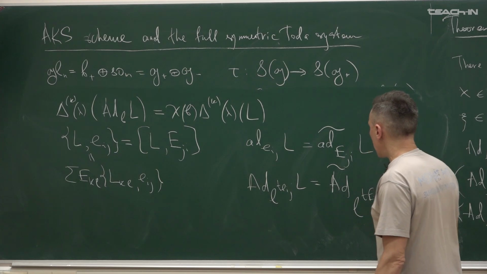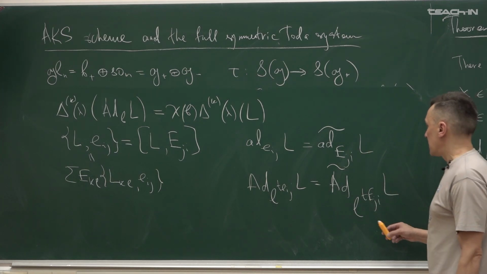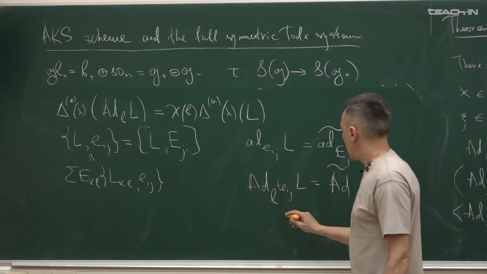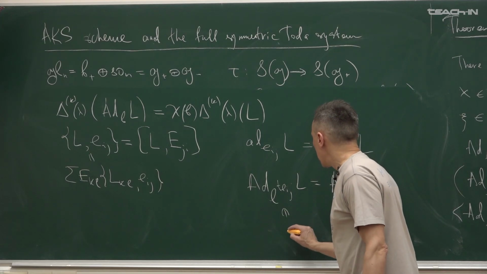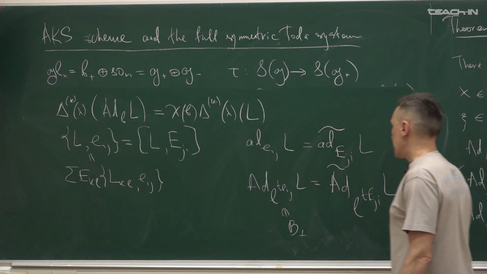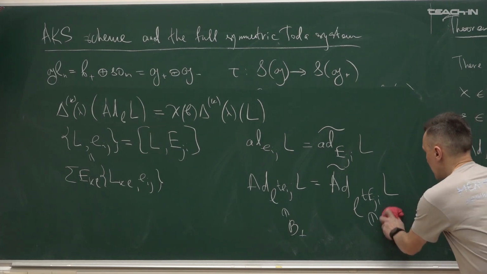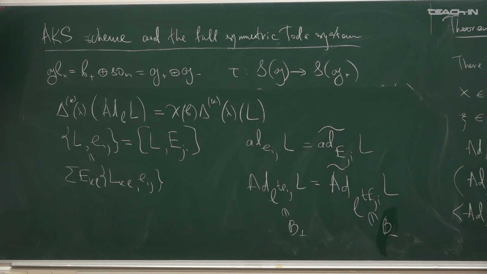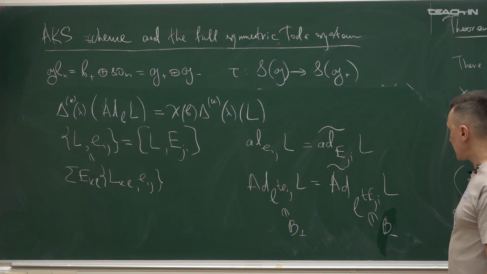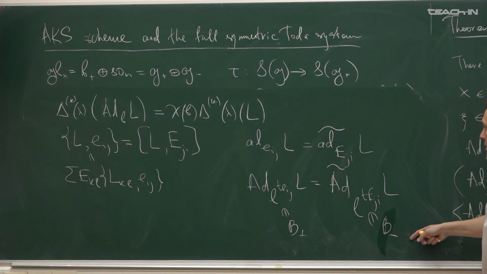Okay, so now we consider the element from B plus, and it means that such an element is an element from B minus. It's a lower triangular Borel subgroup. And we demonstrated this just by linear algebra arguments. You remember I calculated some commutators and demonstrated that.